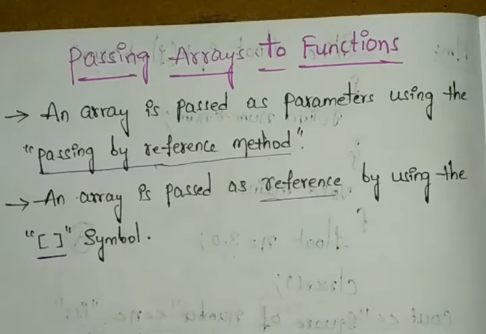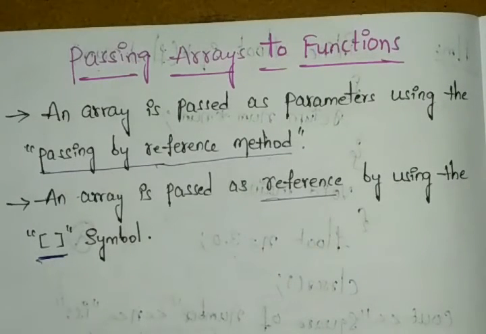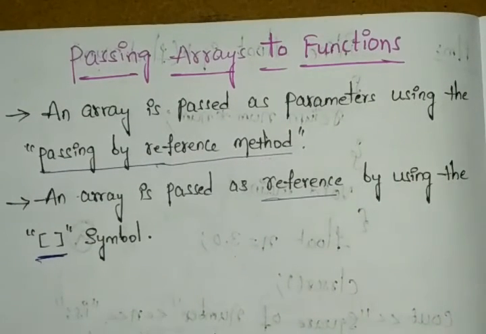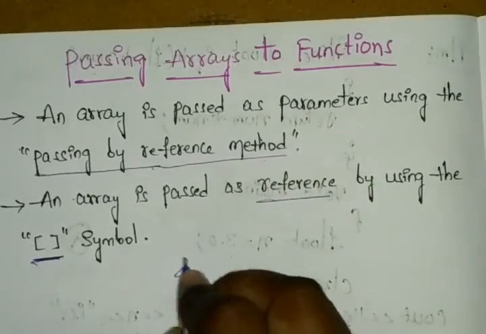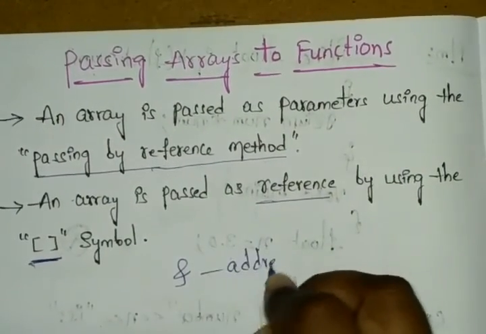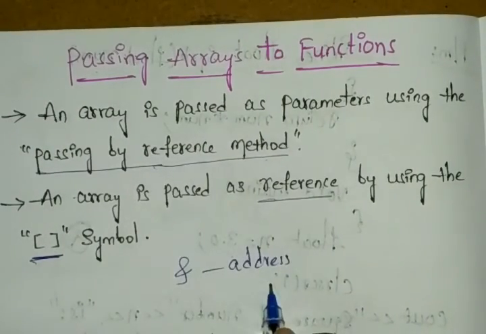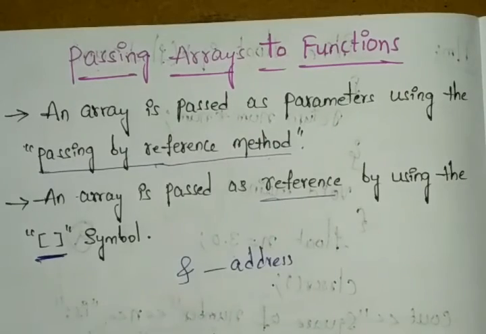We have the subscript in the array format for the size declaration. Normally if you are passing parameters, you take a symbol like this, the address symbol. Instead of this address symbol, we are passing our array symbol.